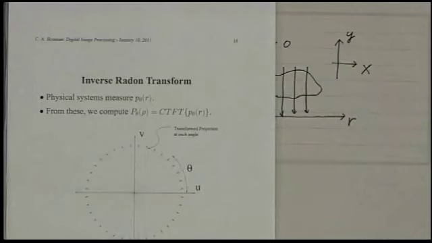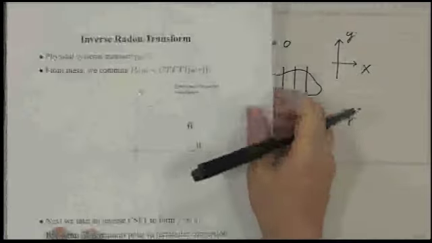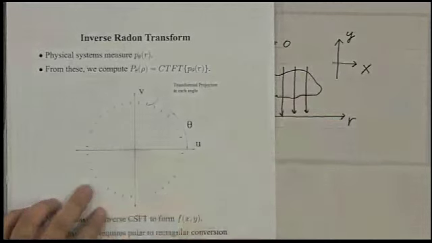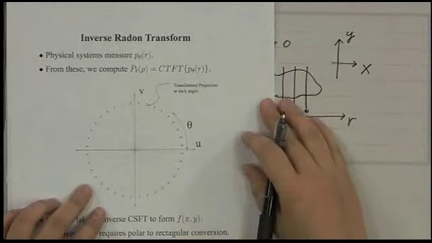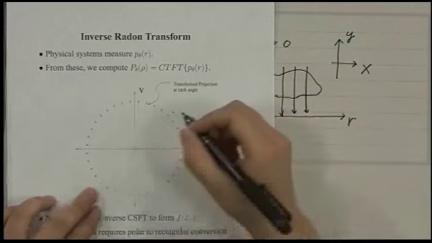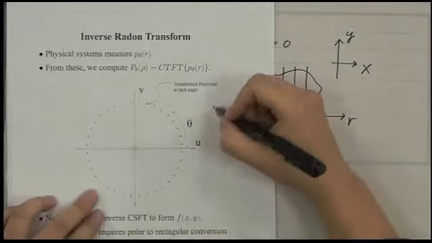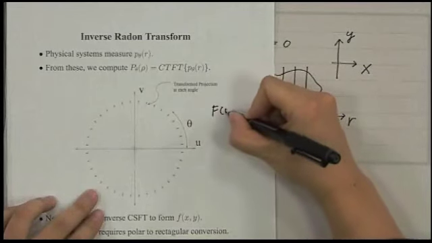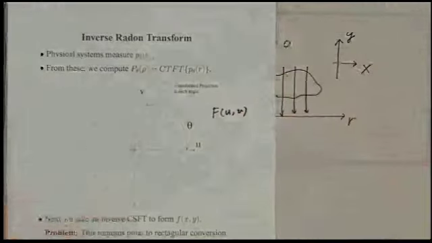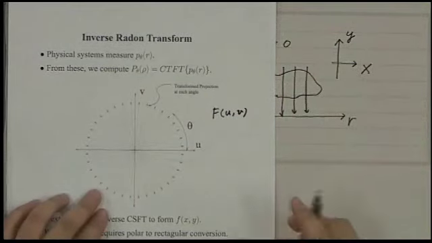Why? Actually, we can see the challenges. Using the Fourier Slice Theorem, a computer can handle only discrete values. So what we can do is, we want to plot F(u,v) using the projections.